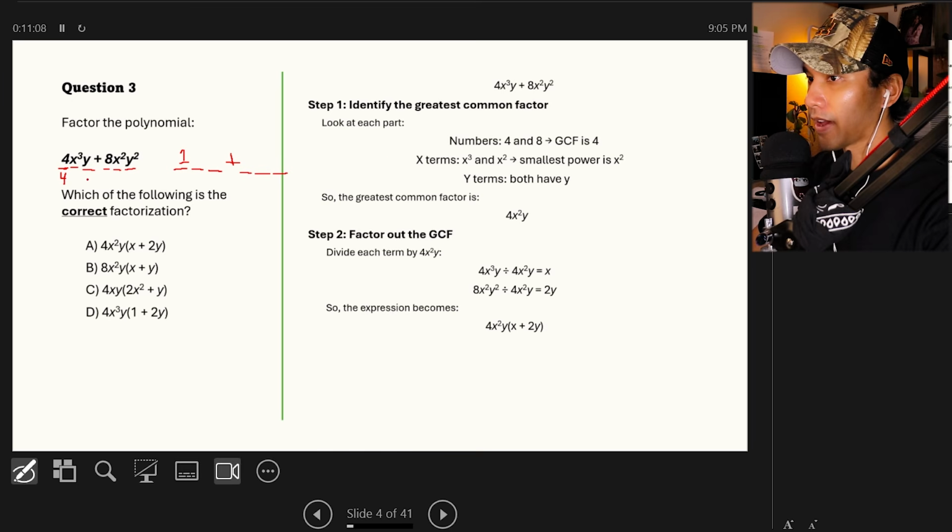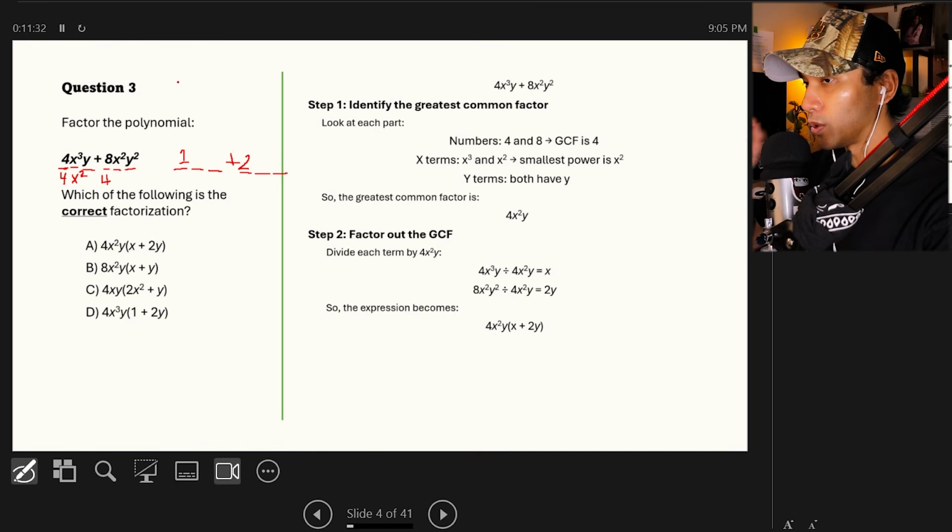So the greatest common factor on this side, so this was this. Now on this side, this 8 divided by 4, right? This 8 divided by 4 is 2. So the greatest common factor on the x's is x squared. So x cubed divided by x squared.